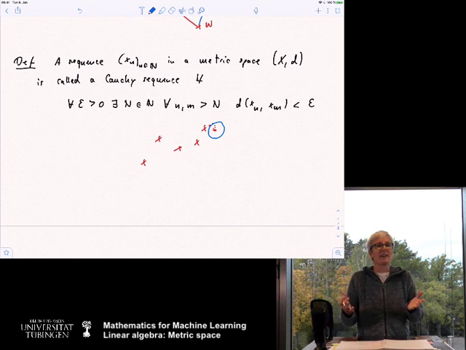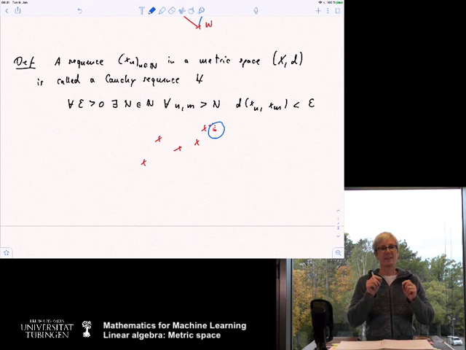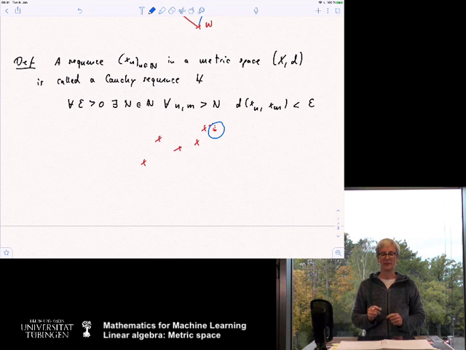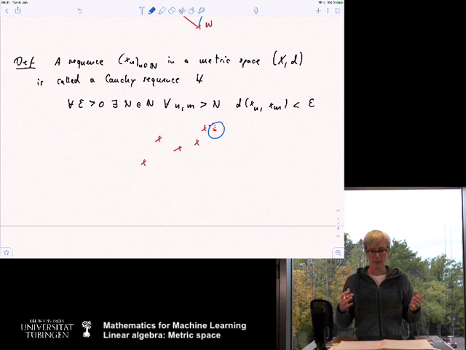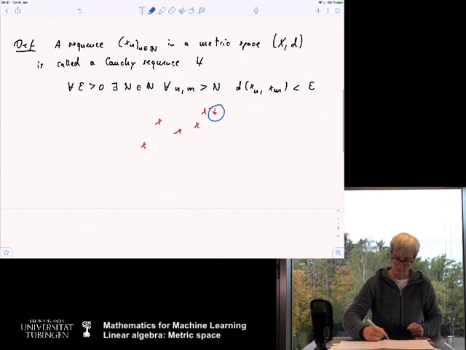Now I've already said, more or less accidentally, that the sequence converges. That is not always true. A sequence gets closer and closer, and we now say a sequence converges if there exists such a limit point in our space. So let me write it down first.